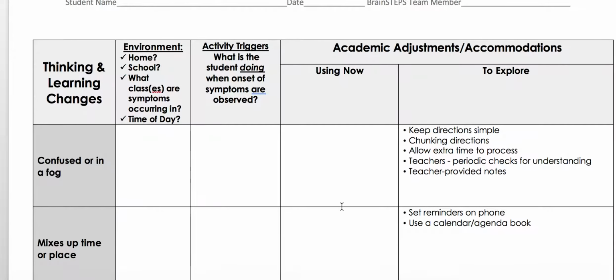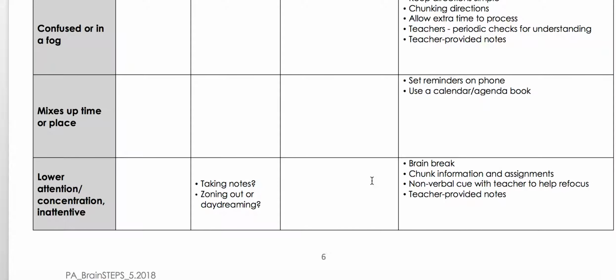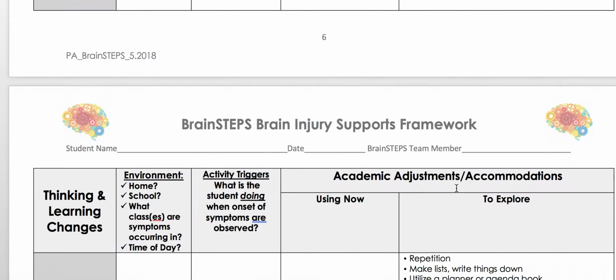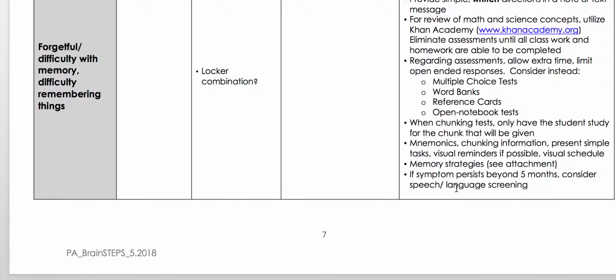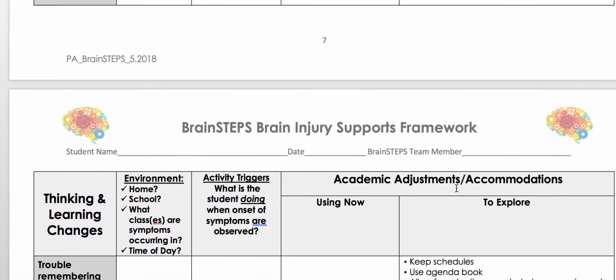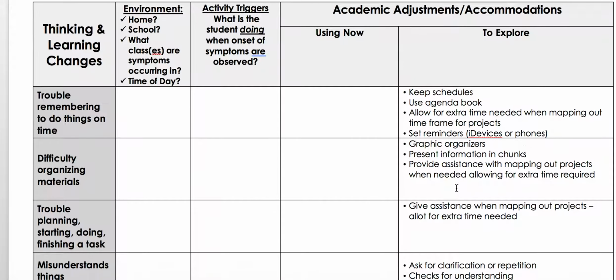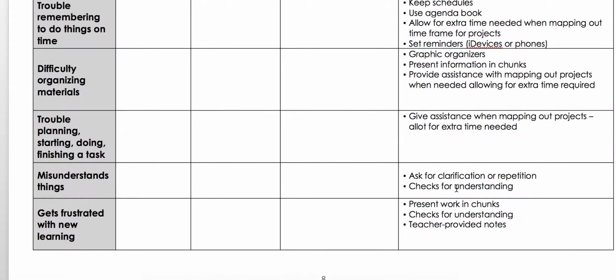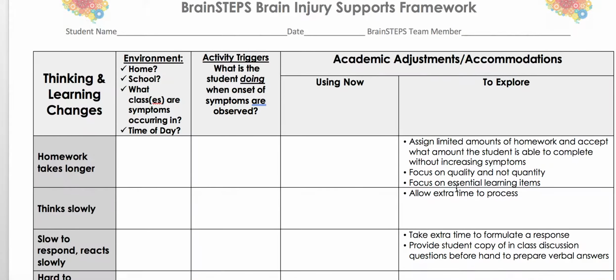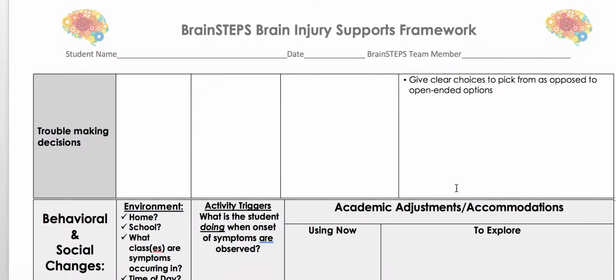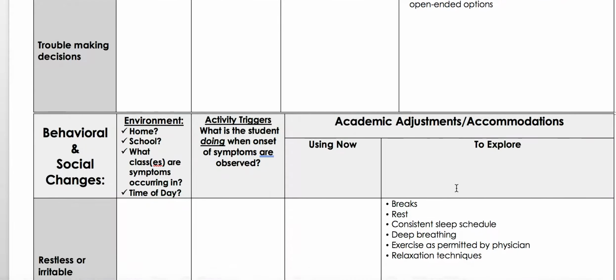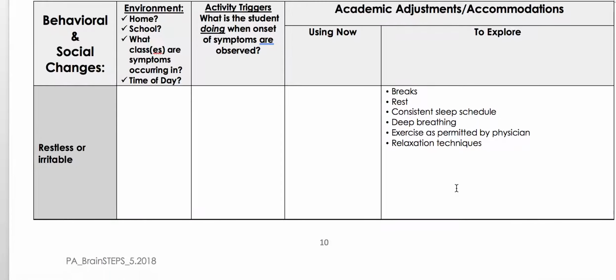What kinds of supports are the teachers using now in the classroom, and what could they try in the future that we know works for these kinds of issues? Here are some other thinking and learning changes: difficulty with memory and a lot of resources. As you can see, it's very, very easy to use this form. And it's very comprehensive. So it really gets to all the issues that you're going to encounter or could encounter.